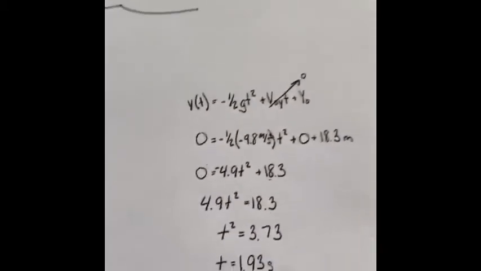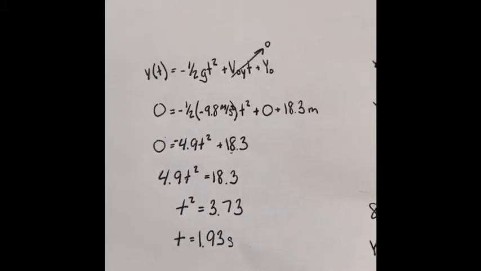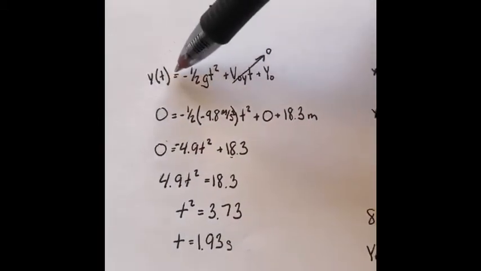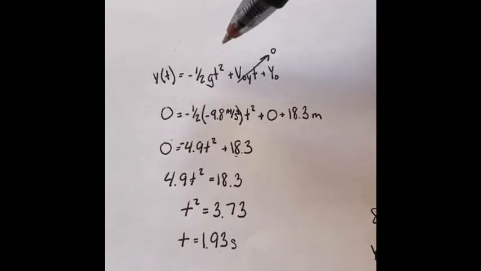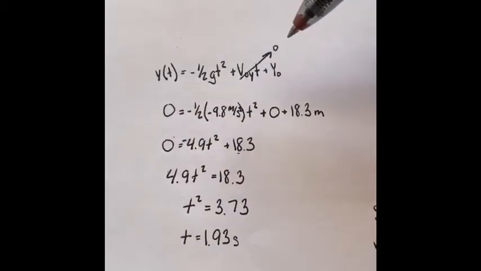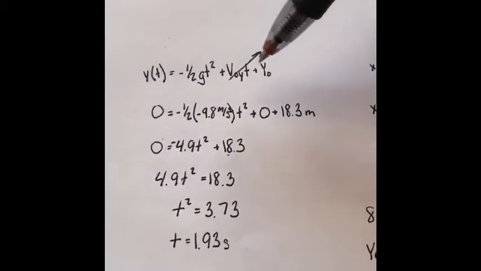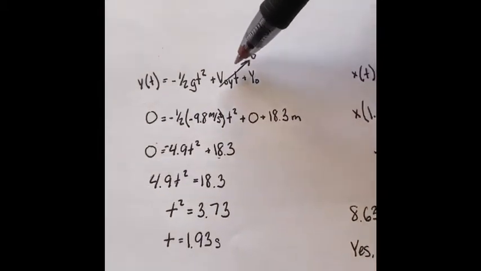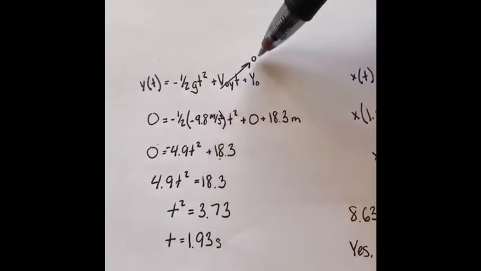To start, we need to solve for the amount of time we are in the air. To do this, we will take the first equation, y of t equals negative 1/2 g t squared plus v naught y t plus y naught. There is no initial velocity in the y direction, so this whole part goes to 0.